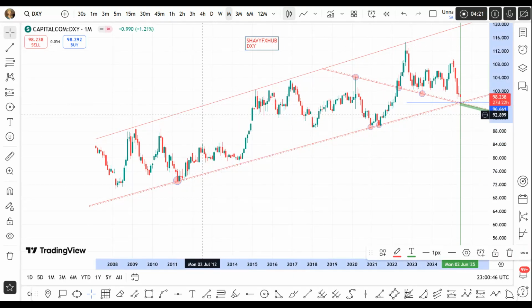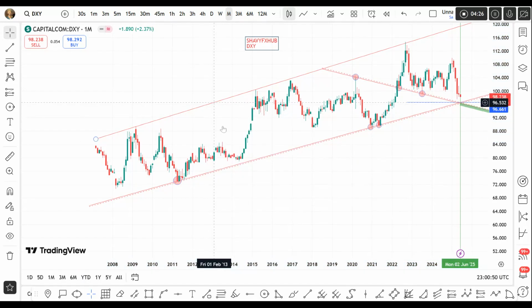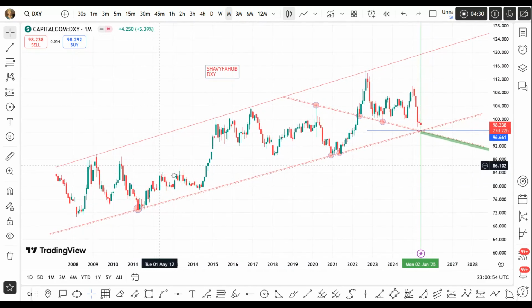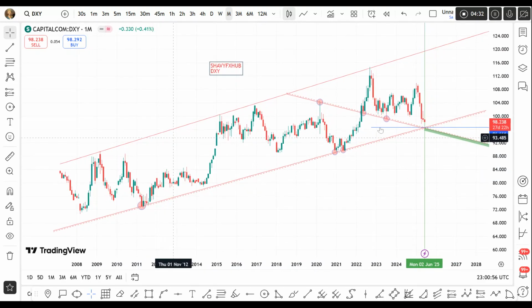So you see that the dollar index is in a bullish phase. So what I want to see is for it to come down more. Honestly, that is what I want to see for the dollar index. So let it come down more.